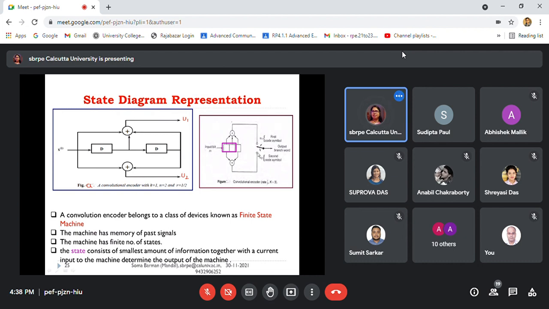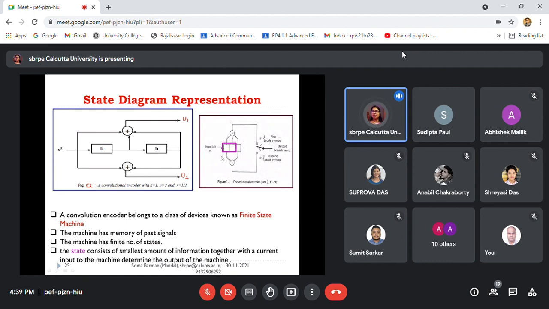For constraint length 3, the memory of the encoder should be K minus 1, that is 2 memory elements, because the output sequence depends on the input bit as well as the memory of the encoder. The right hand side figure is the same as the left hand side figure.